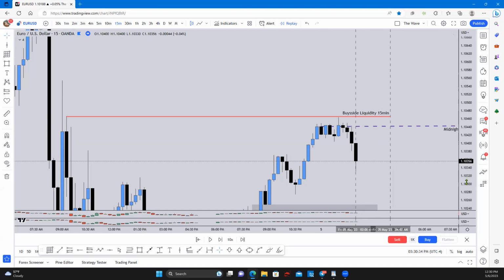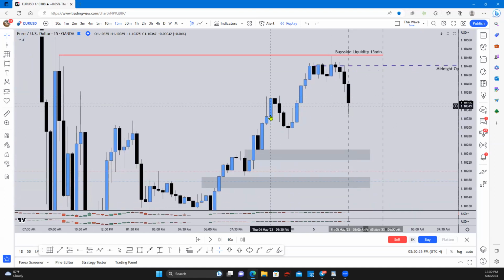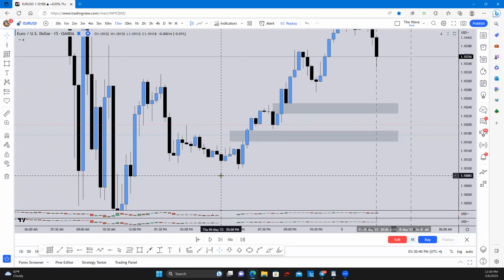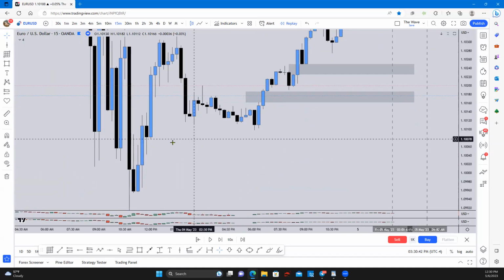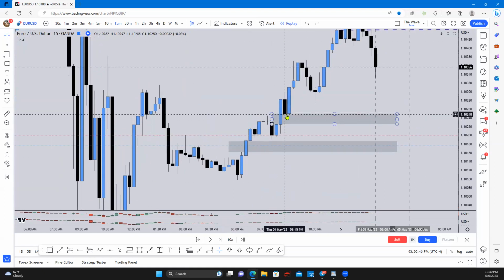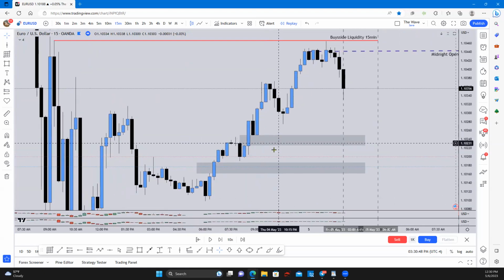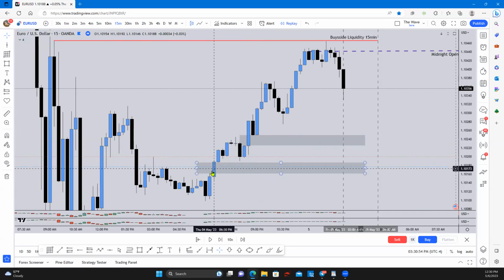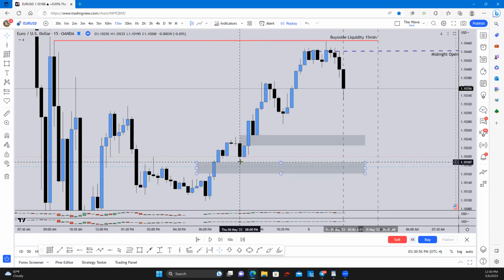Below us, we don't have any relatively equal lows until you come close to here, or these, you can argue these two. But we do have gaps, so we have inefficiency here. There's a fair value gap, and we have a fair value gap here, near these relatively equal lows.